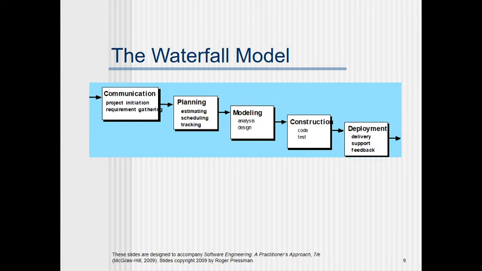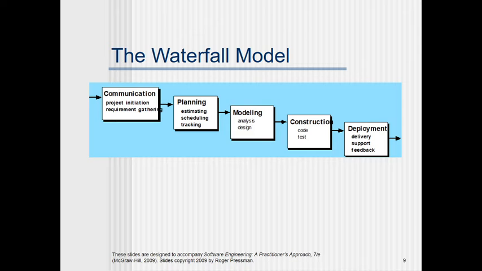If our requirements are stable, that means they will not change in the future, then we will use the waterfall model. It is also called the classic life cycle model, one of the important models that is generally asked in the examinations. It has systematic and sequential steps.